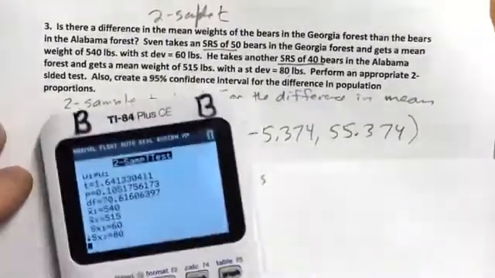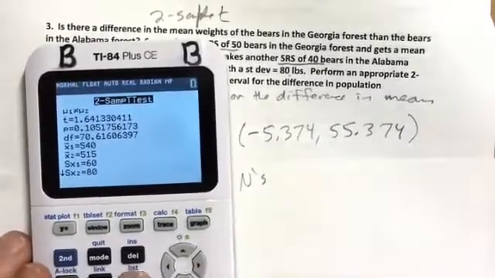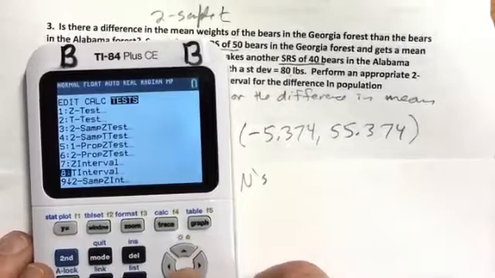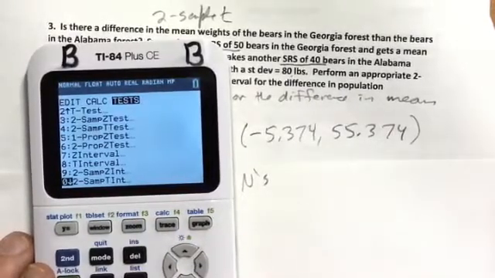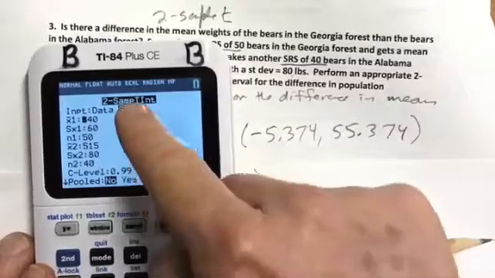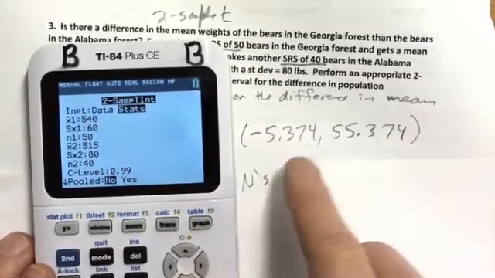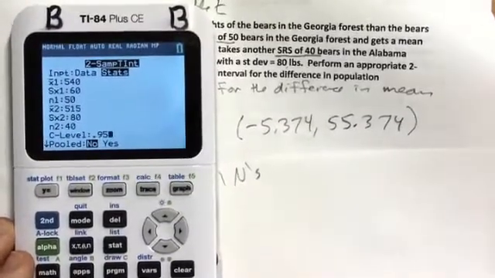So anyway, to do a two sample t interval, here we go. This is going to be stat, tests, and go to two sample t interval, option 0, and we hit enter. Stats. Notice that the calculator already went ahead and entered the data for me from the test. My confidence level is 95%, so I go 0.95.